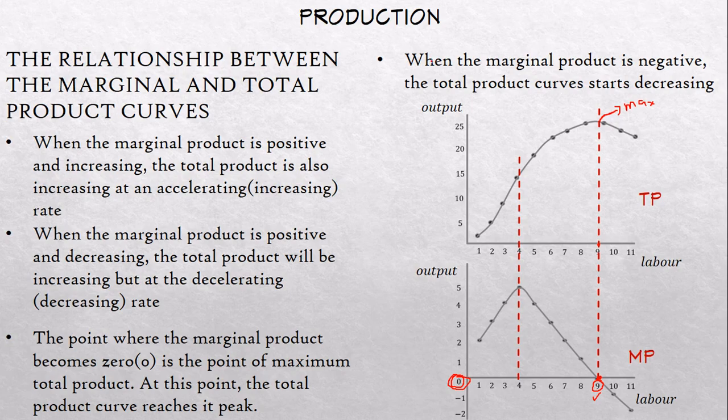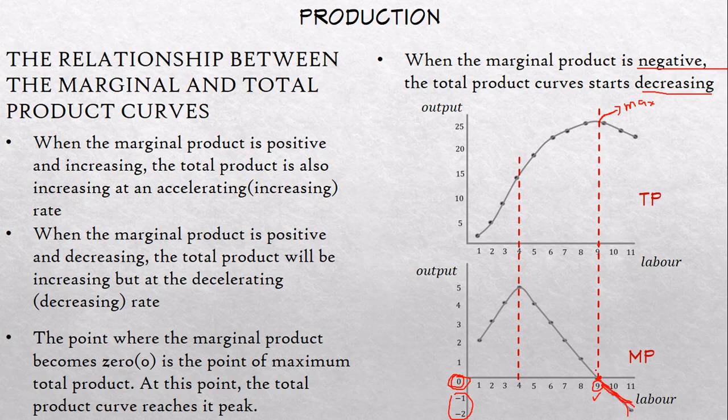Then finally, when the marginal product is negative, the total product curve will start to decrease. So when it is negative, it is now going into a negative region, and you can see that the curve is in a negative region over here.